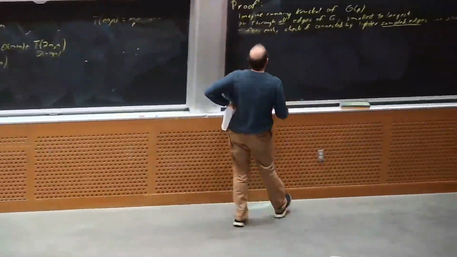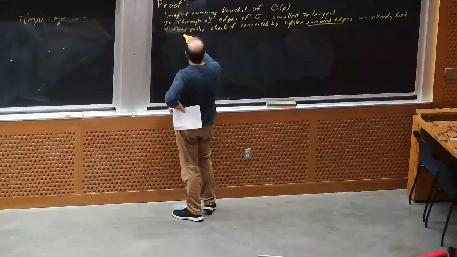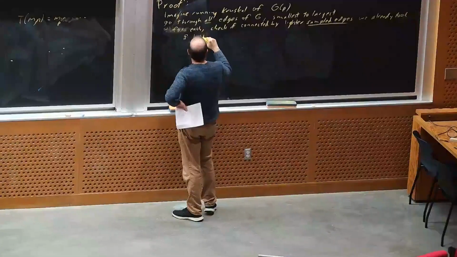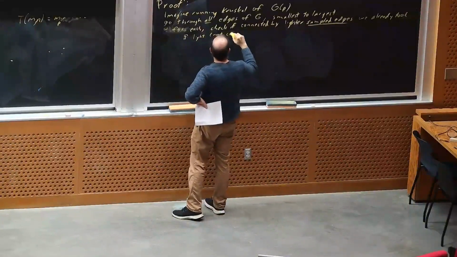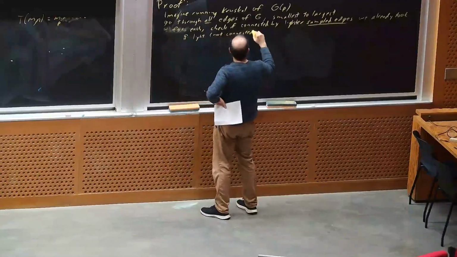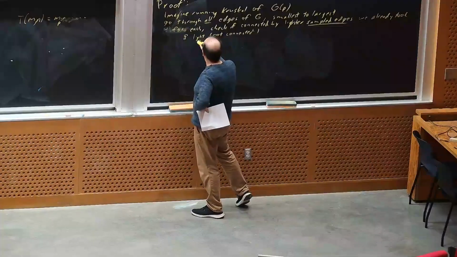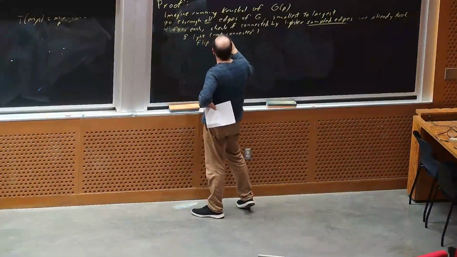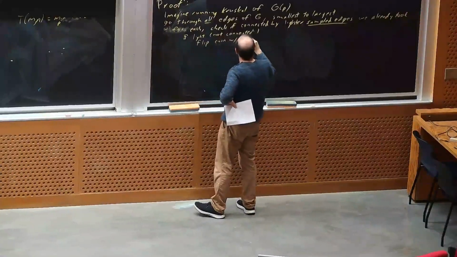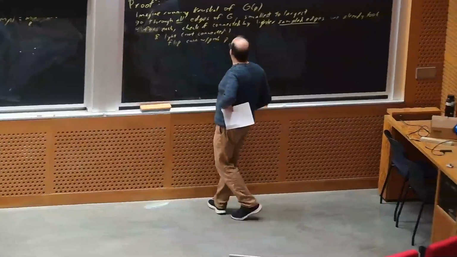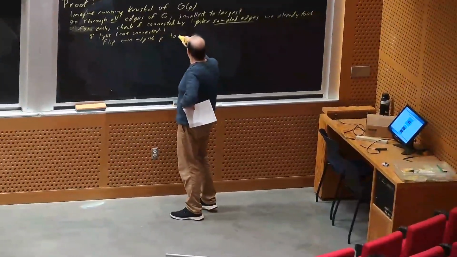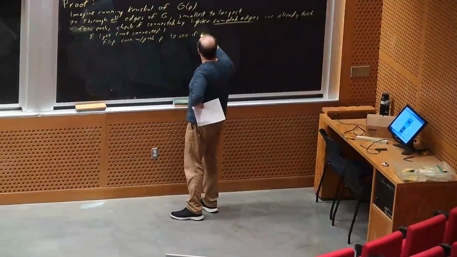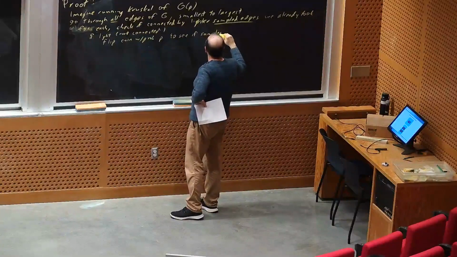So if I get a light edge, if it is light, not connected by what came before, I will flip my coin with probability p to see if it is sampled.